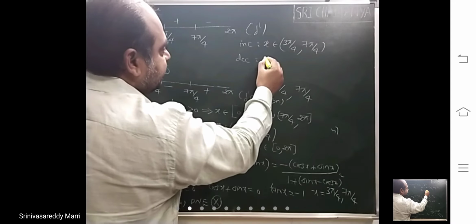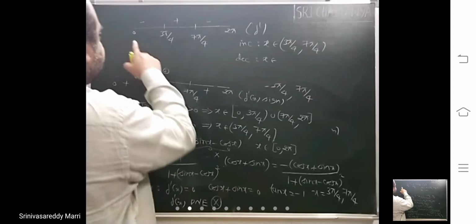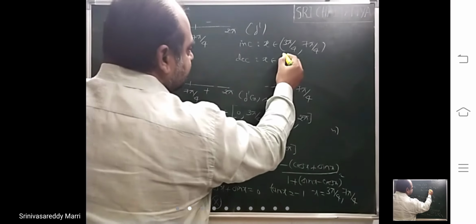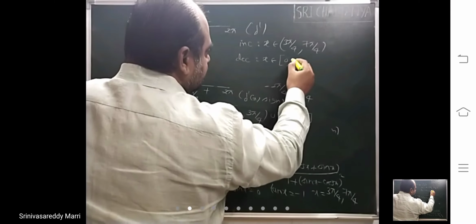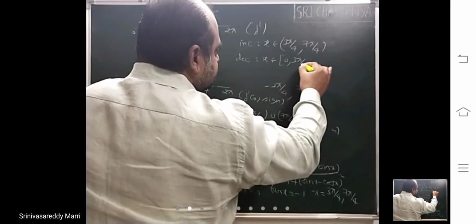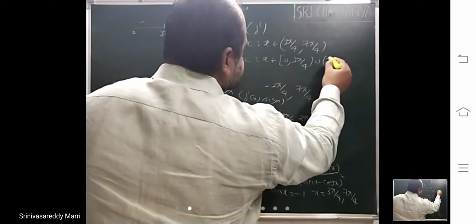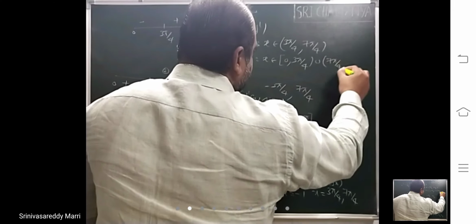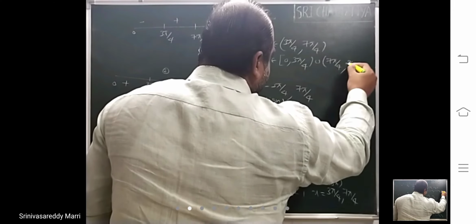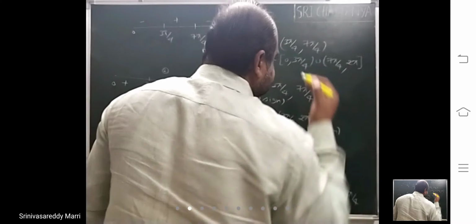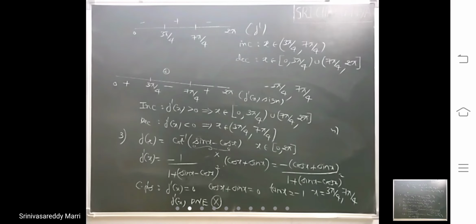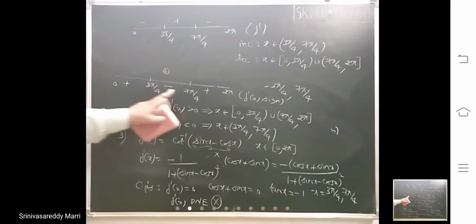Decreases means negative interval, from here to here: 0 to 3 pi by 4 union 7 pi by 4 comma 2 pi. Decreases in this interval. Simple concept. Only 3 steps: derivative, critical points, number line, signs.